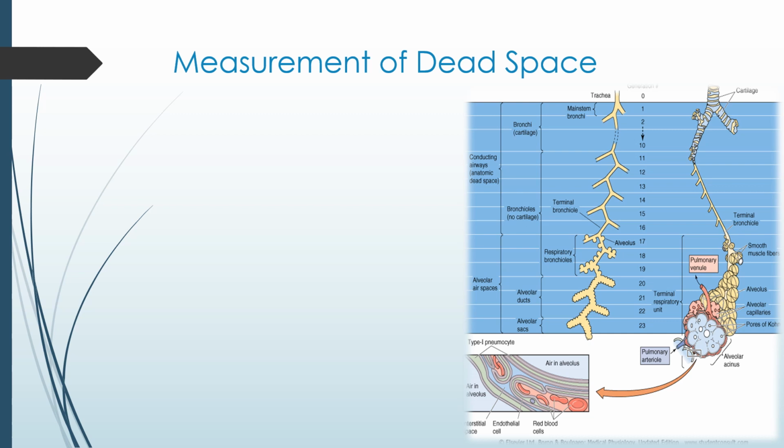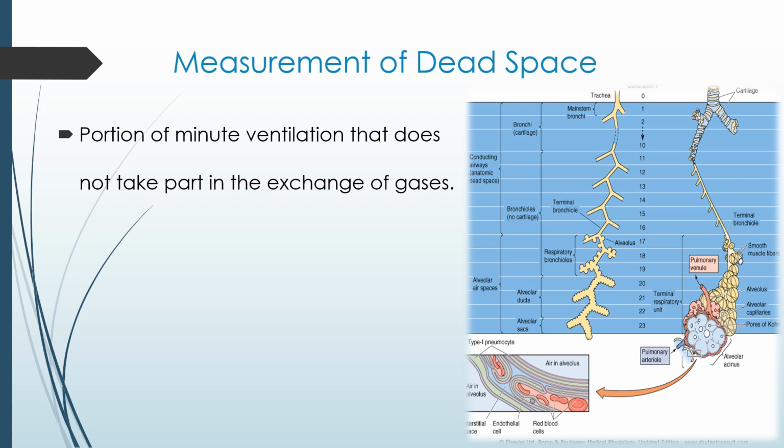Measurement of dead space. Dead space is the portion of minute ventilation that does not take part in gas exchange. Normally it is constituted by the air present in the conducting zone of the respiratory passages, but in some diseases it may additionally include some poorly perfused alveoli also.